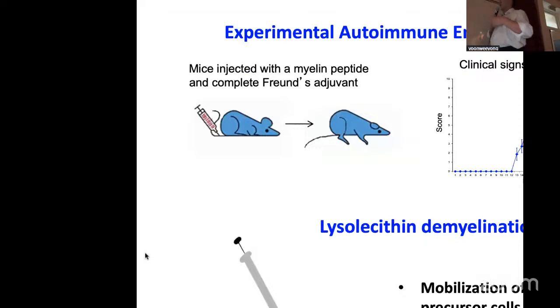So we then went on to test the role of CSPGs in vivo. And again, many of you know this, there are two different models that I'm going to show you: experimental autoimmune encephalomyelitis, an inflammatory model of MS where animals become progressively disabled, and lysolecithin demyelination that you heard of this morning as well. We like this because it is very quick.